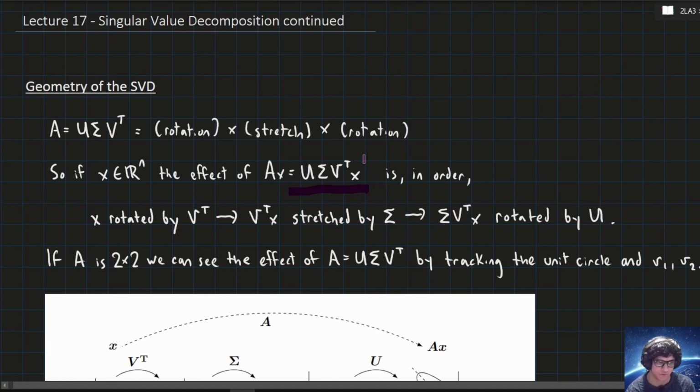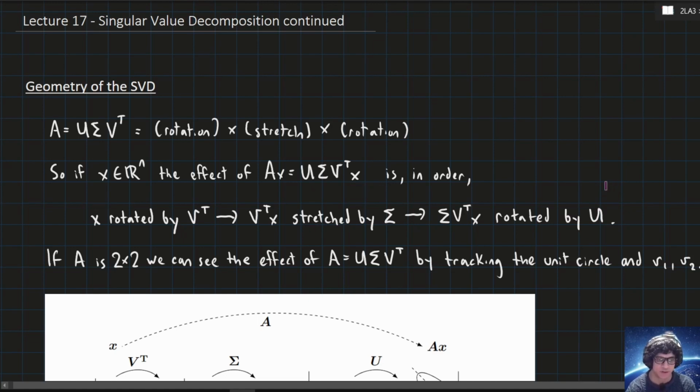The first step is that x is rotated by V transpose. Then the result is stretched by sigma. And then the result of that stretching is finally rotated by U, the orthogonal matrix.